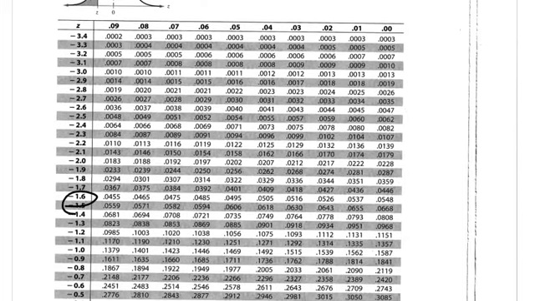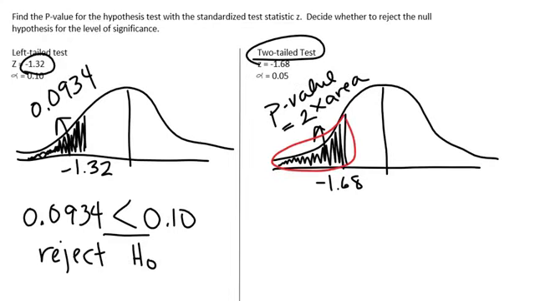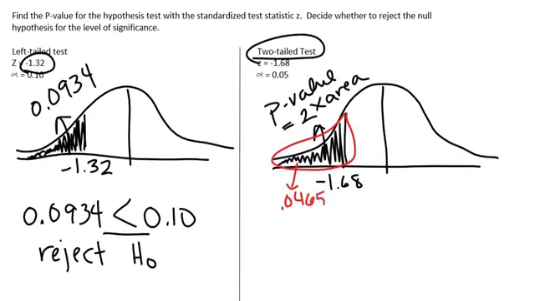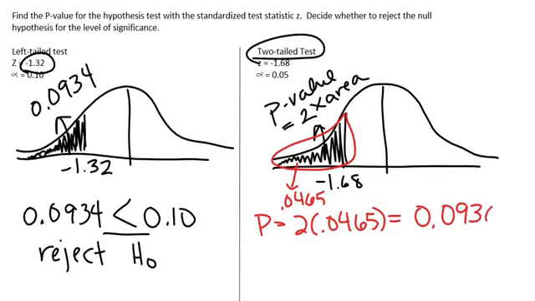I'm looking for negative 1.68. So we have 0.0465. So this area is 0.0465. So the p-value is twice 0.0465, and that is 0.0930.